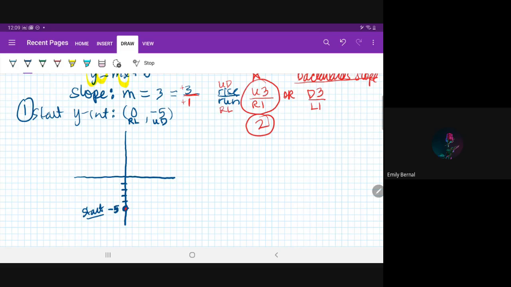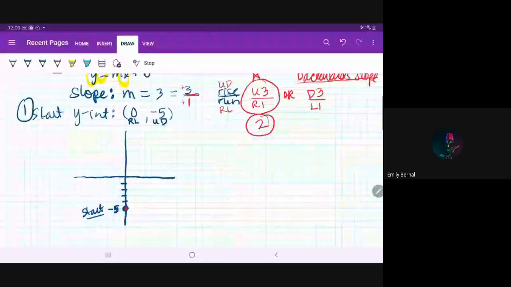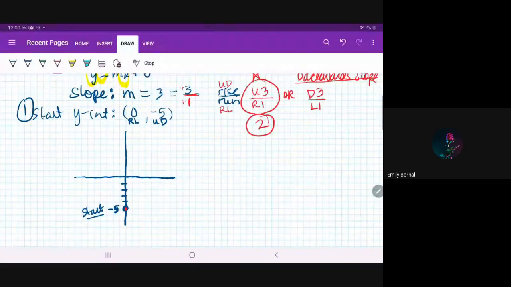Okay, so we're sitting there on the -5, and then we need to go down 3 squares. So 1, 2, 3 squares. I went down 3 squares, and then I'm going right 1 square. Oh no, it says up 3 squares. Oh, sorry, I wasn't trying to go down. Oops. Erase, erase.